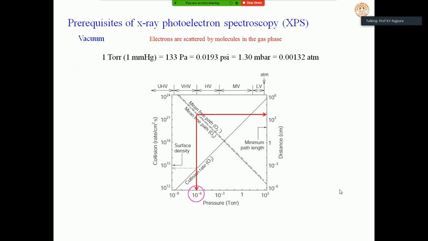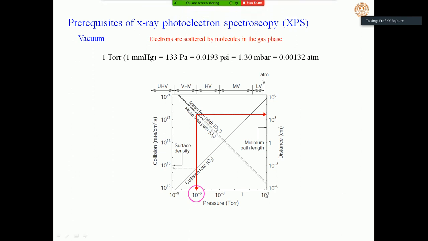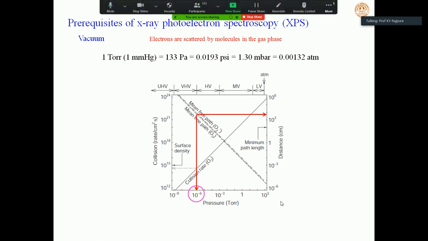But if there is no vacuum, at room temperature we have a large number of gas molecules present in the air, and there is a possibility of collision of these electrons with these molecules. So what is the alternative? Remove those molecules.